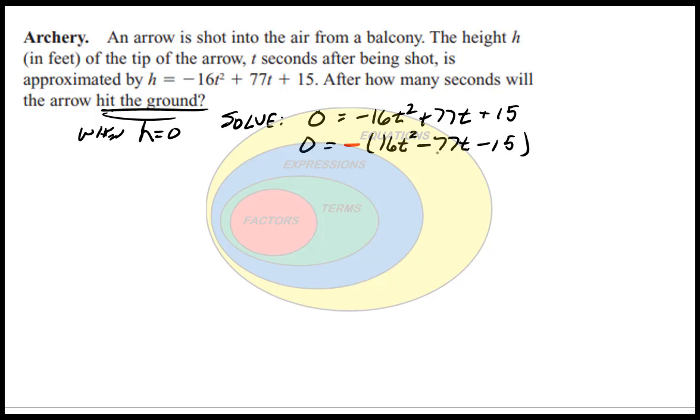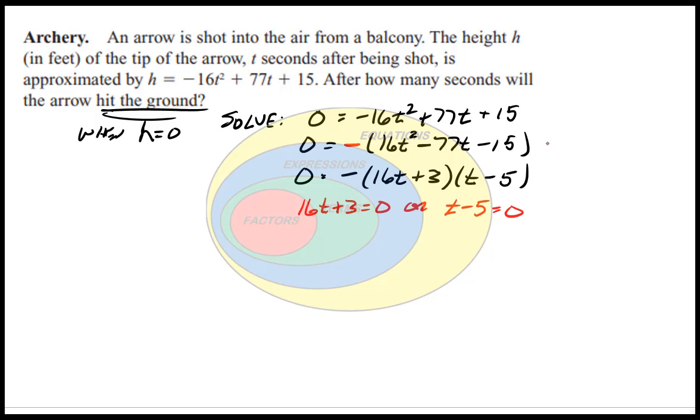So this is not a very fun factorization, I guess, but it does factor to 16t plus 3 times t minus 5. So setting each of the variable factors equal to 0, we get 16t plus 3 equals 0, or t minus 5 equals 0.